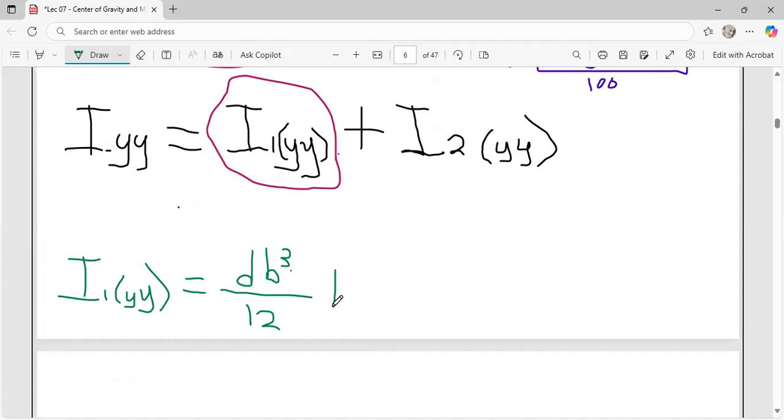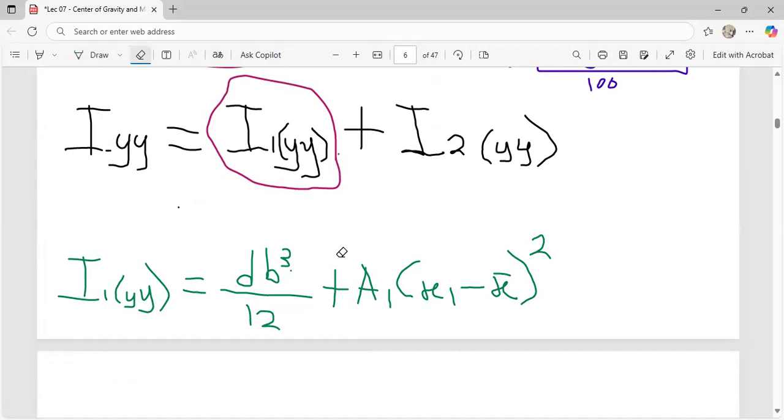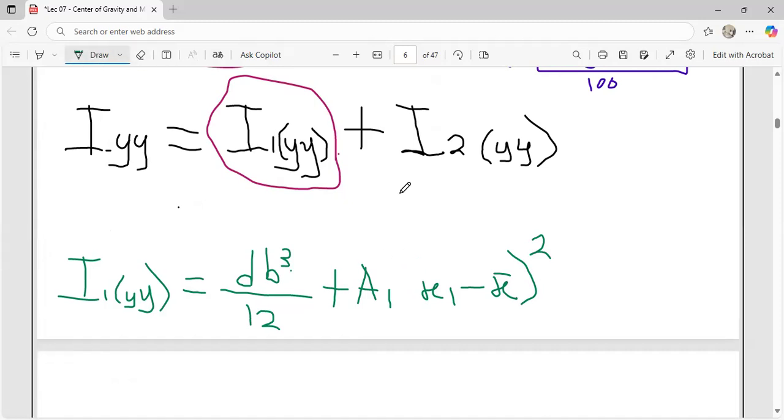So that's plus the area of part 1, bracket open, times X1 minus the X bar, all squared.